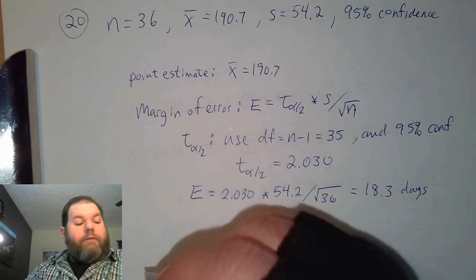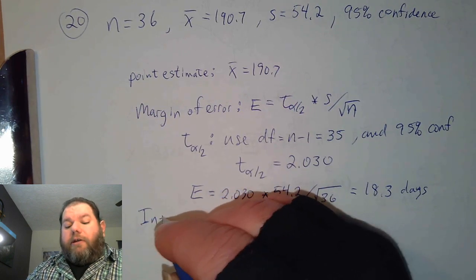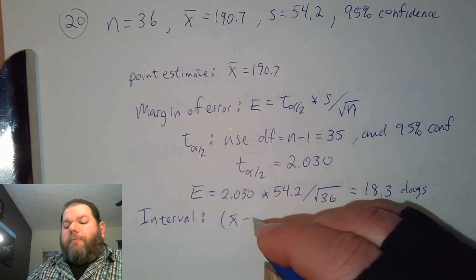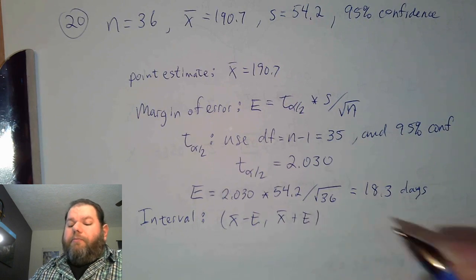All right, the last thing they want us to find is the interval. Well, so the statement after that. Now our interval is x bar minus the margin of error and x bar plus the margin of error.